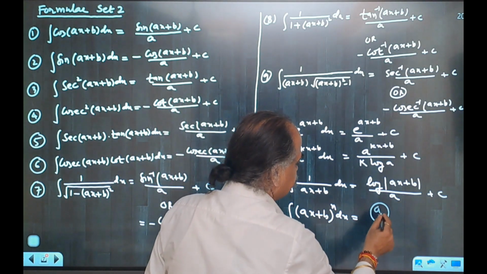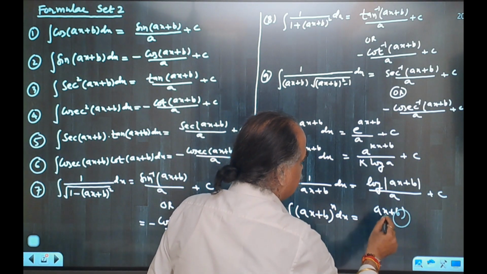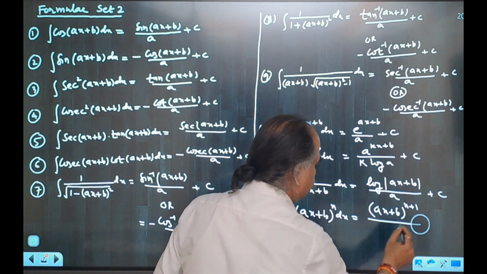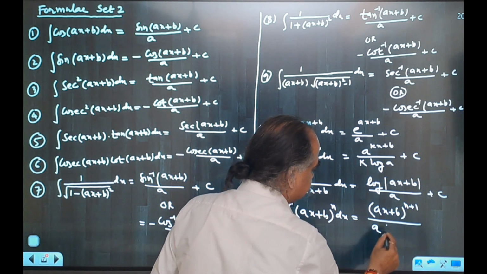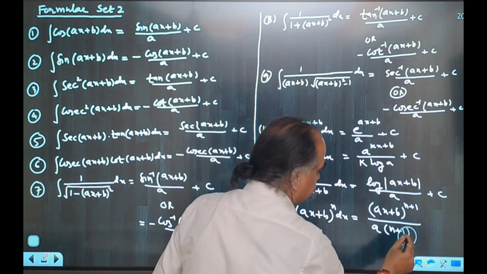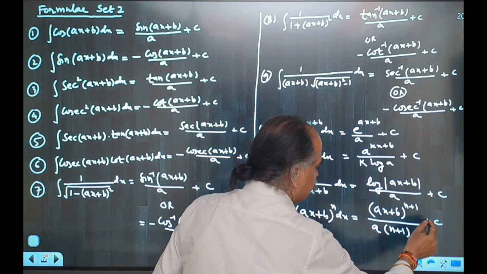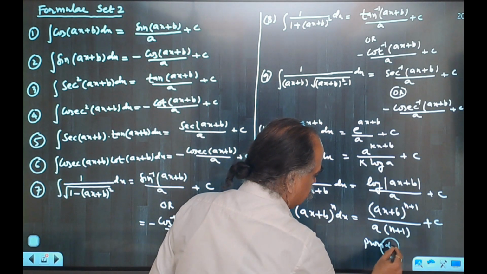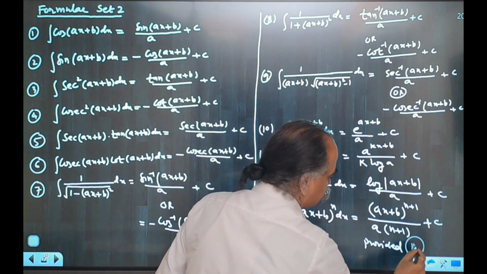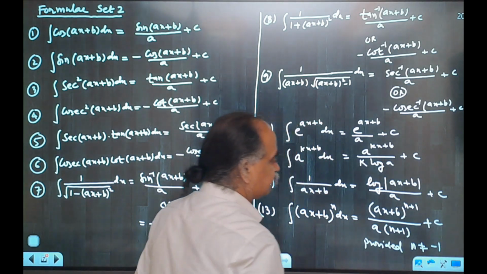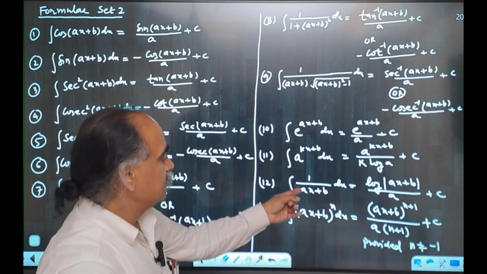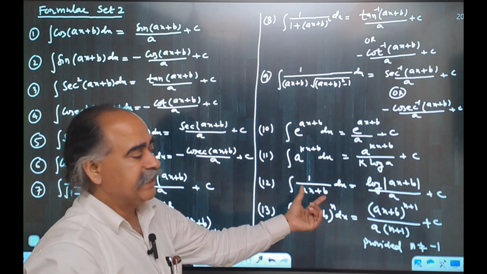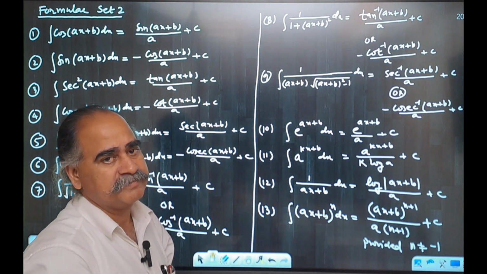It is (ax plus b), add 1 to the power, divided by new power and coefficient of x by a, plus c, provided n should not be minus 1. When n is minus 1, we have to write (ax plus b) raised to minus 1 as 1 upon ax plus b, and its integration will be log of (ax plus b) upon a.